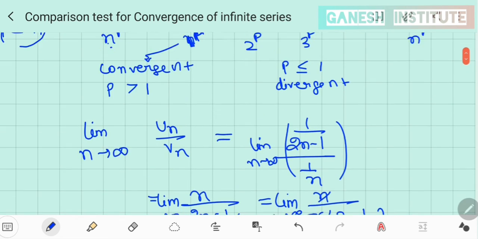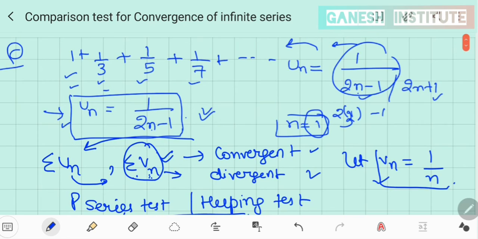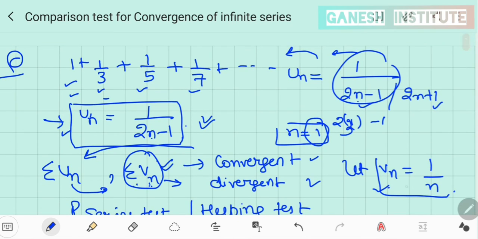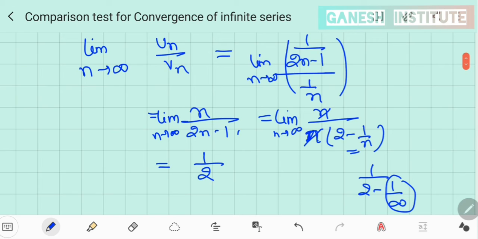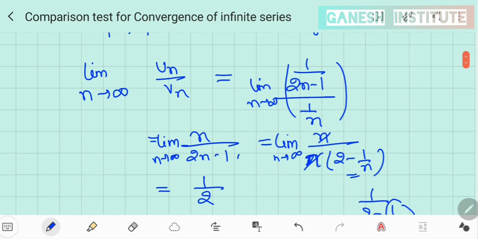So first step is to find out the general term, then assume another general term with respect to its power, and then find out Un by Vn, or you can say their summation.